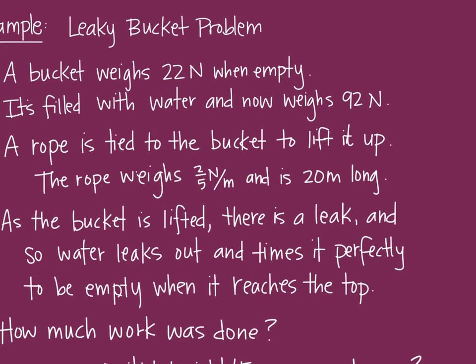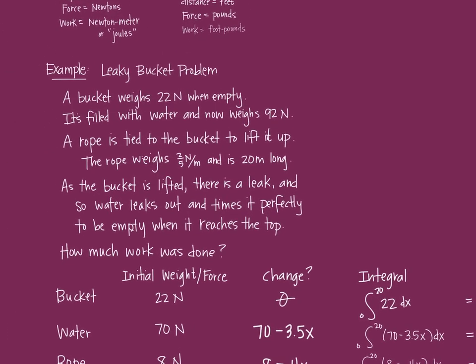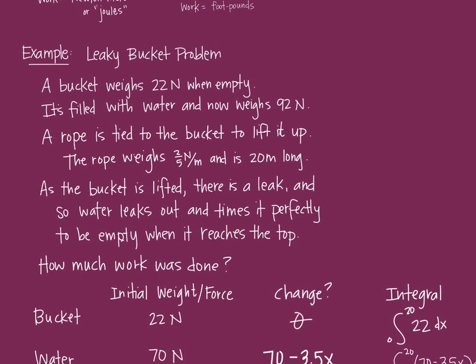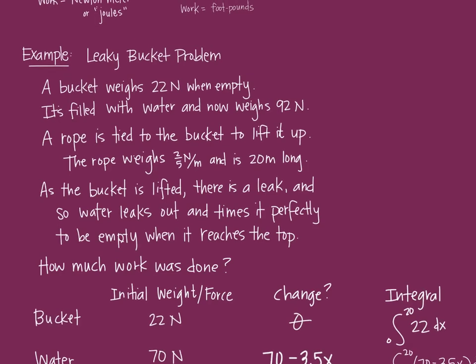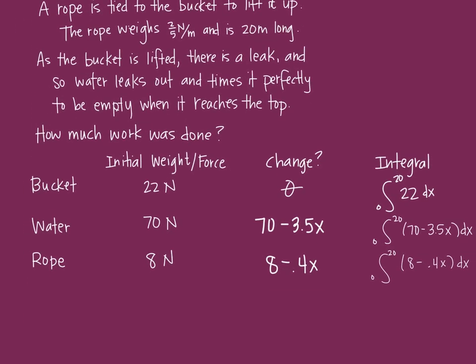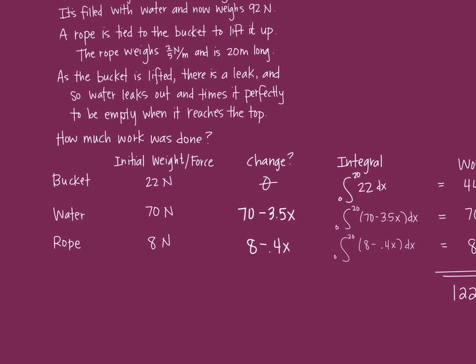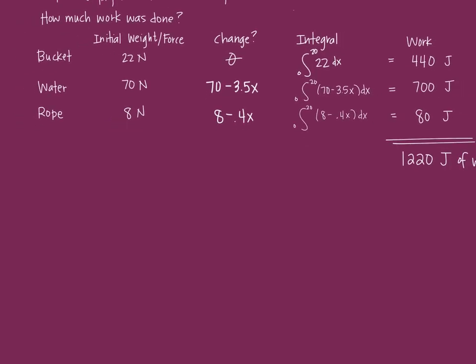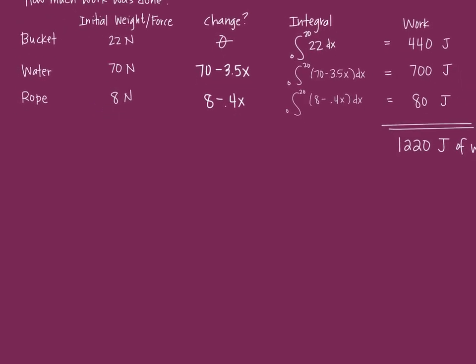So you're going to redo this problem, and they'll change some variables. Or they'll say, what if there was no leak? Then how much work would you do? Then the only thing changing is the rope. They're going to give you some different variations of this question. Usually it's filling with a different kind of liquid or fluid.